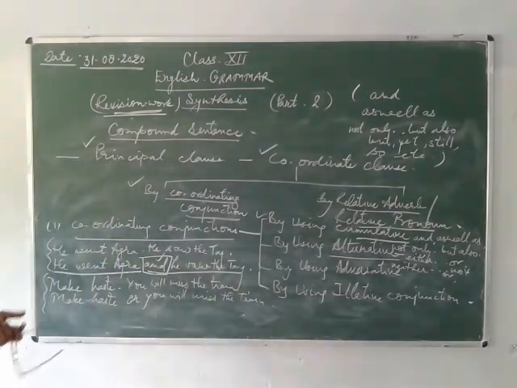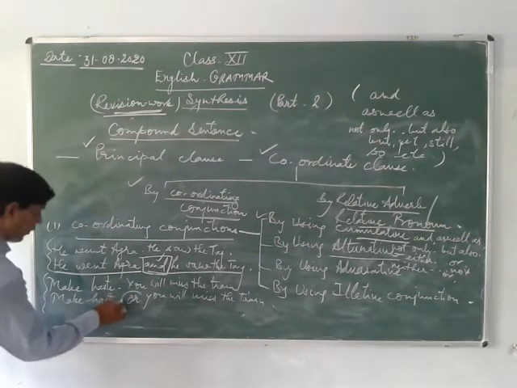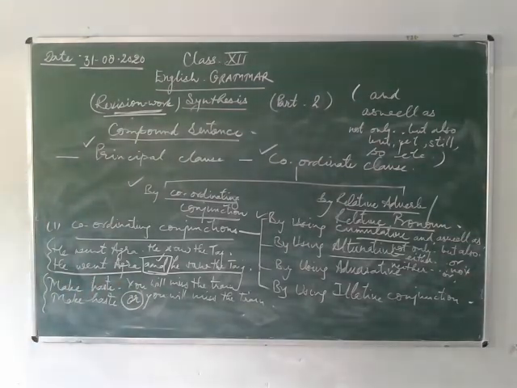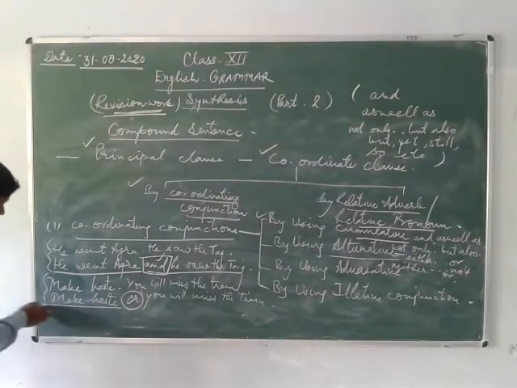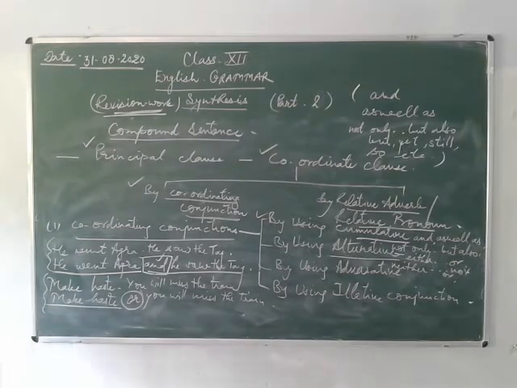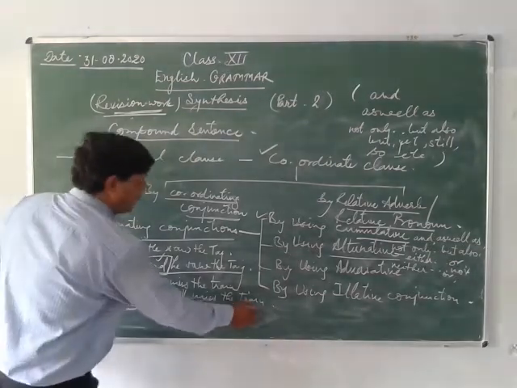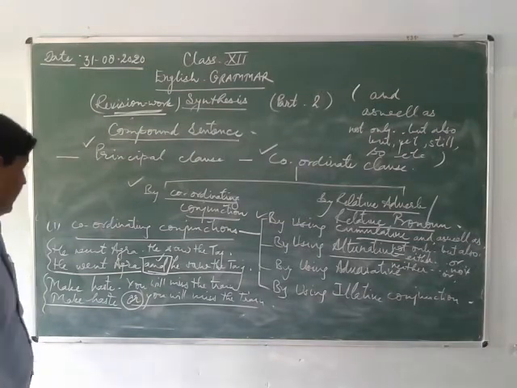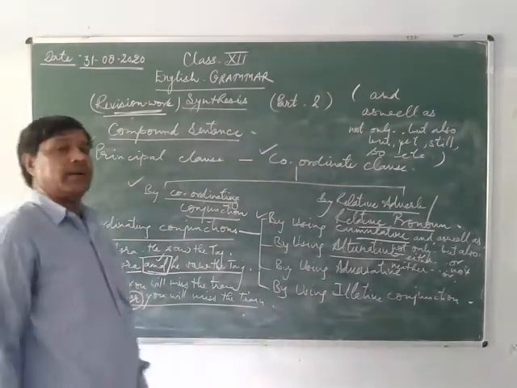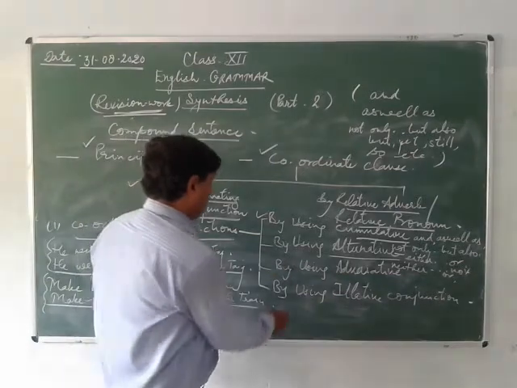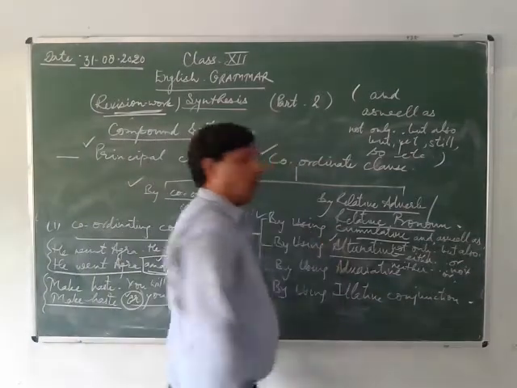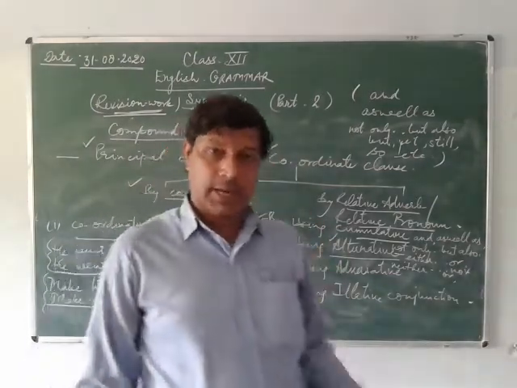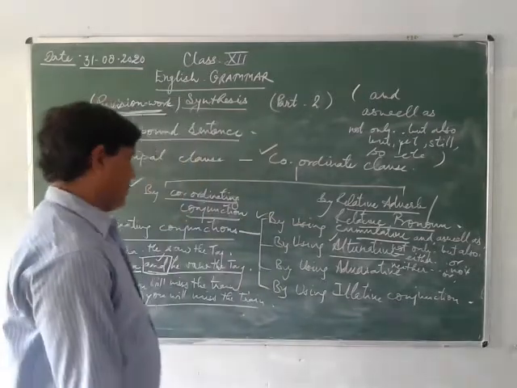In the second sentence you will find what is called an alternative conjunction. This gives you an alternative. So make haste is the principal clause, and or you will miss the train is the coordinate clause. Here or is the coordinating conjunction, and this is an alternative conjunction. It's clear? I think it's clear.